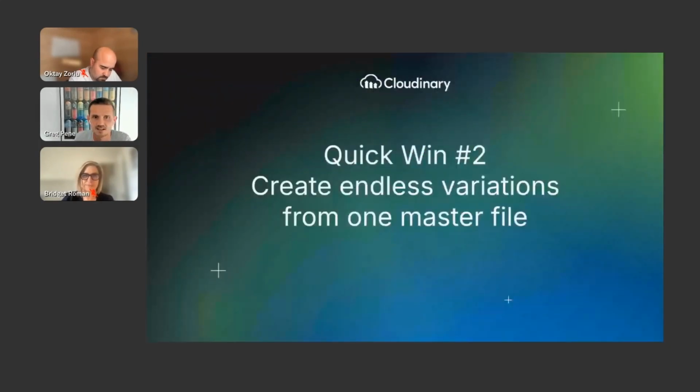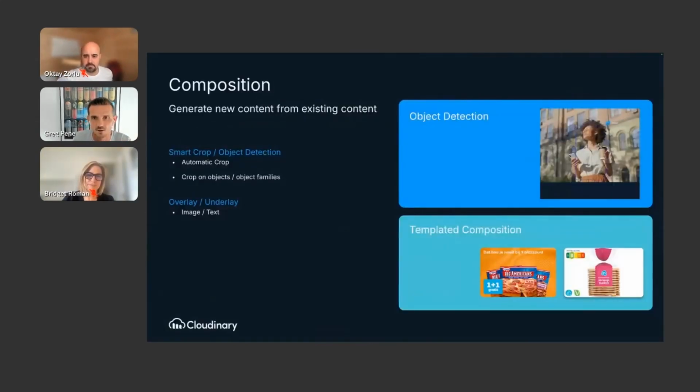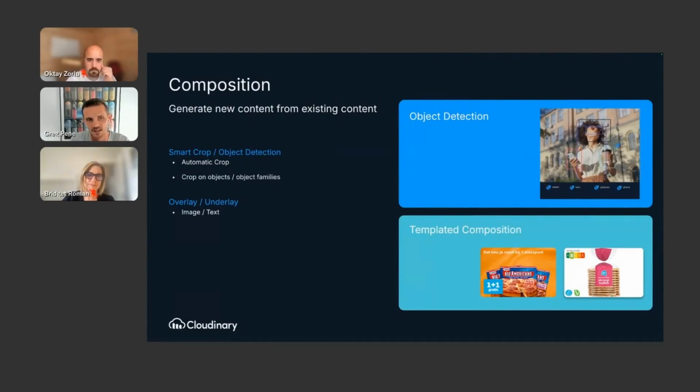The second use case is around automation, really, and more how do we automate the way we repurpose the content that you have created. So we talk about composition here. That's one of the things.